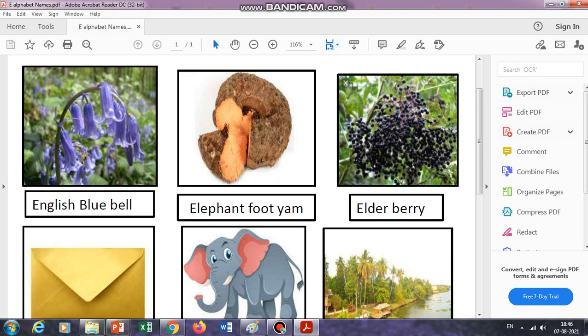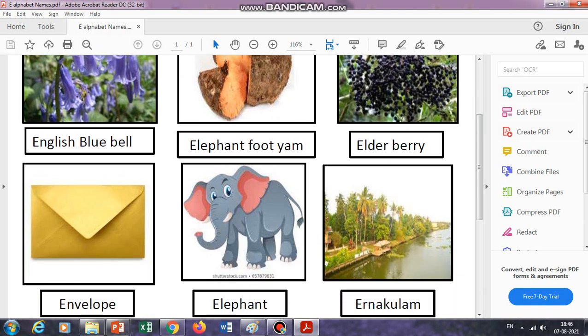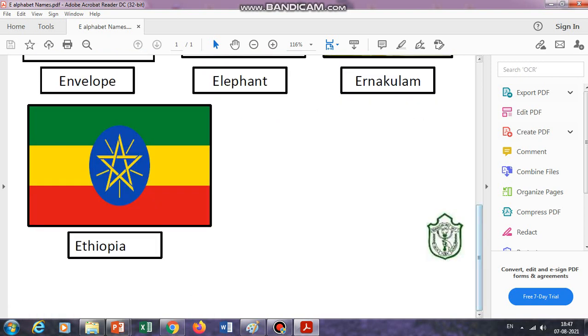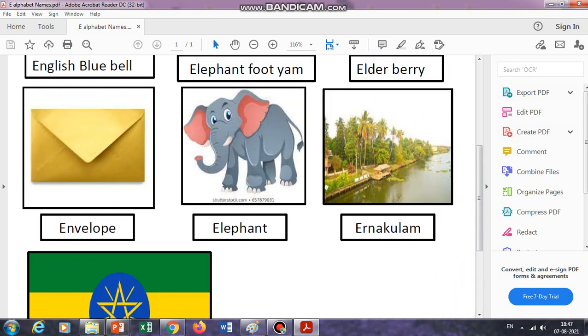Vegetable name, elephant foot yam. Fruit name, elderberry. Object, envelope. Animal, elephant. City name, Ernakulam. The city is in Kerala. And country name, Ethiopia. So these are some more words.